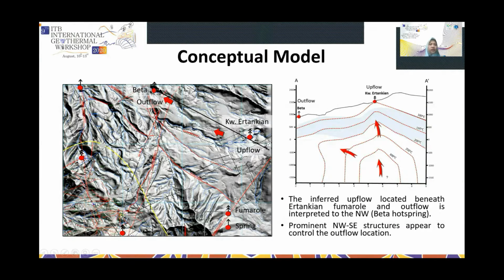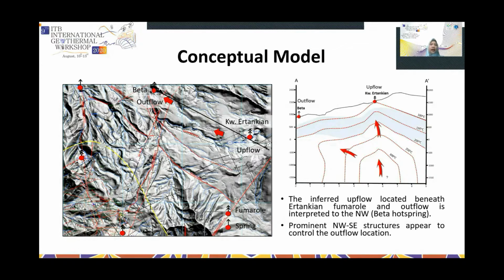Prominent northwest-southeast invert faults appear to control the permeability and outflow location, as indicated also by the base of low resistivity, which is shallowing to the east and distributed in a northwest-southeast trend, following the north and south Ertankian invert faults.